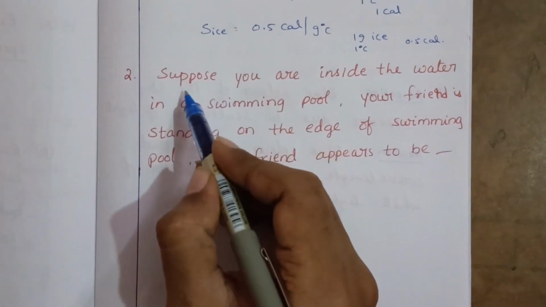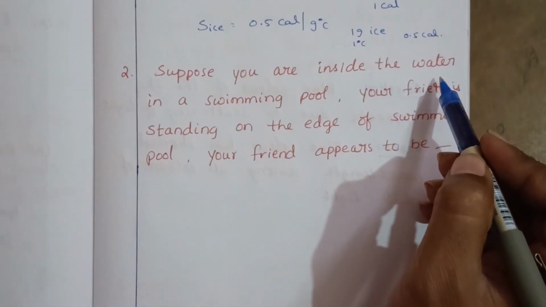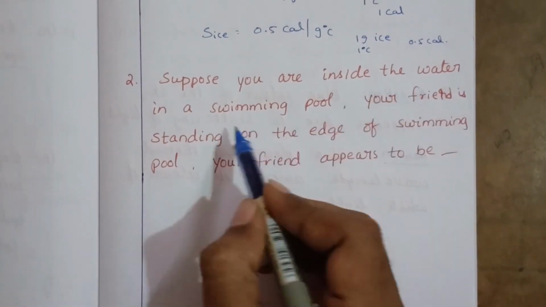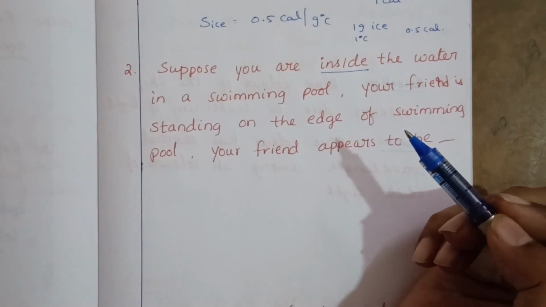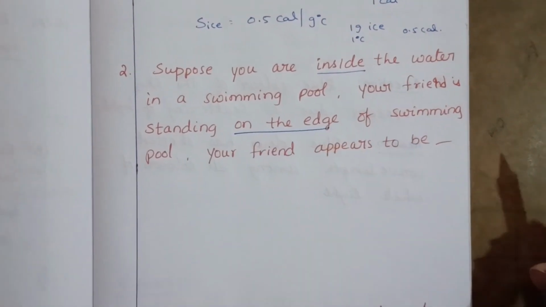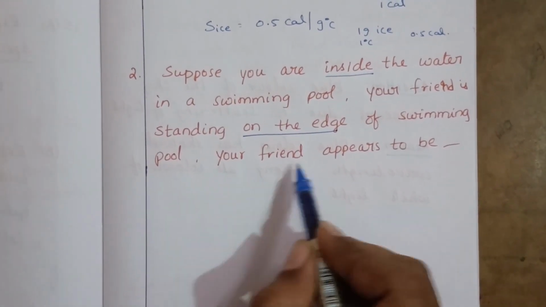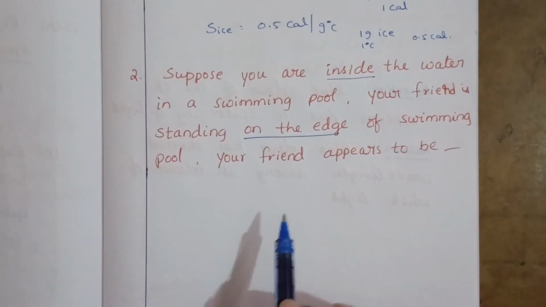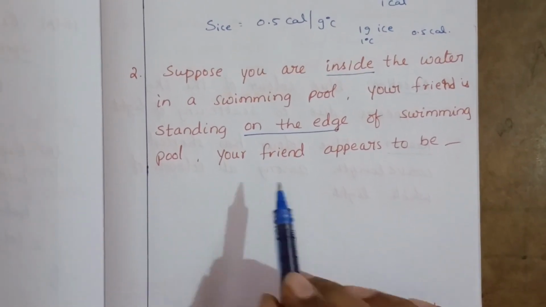Next question, suppose you are inside the water in a swimming pool. Your friend is standing on the edge of the swimming pool. How does your friend appear to you?